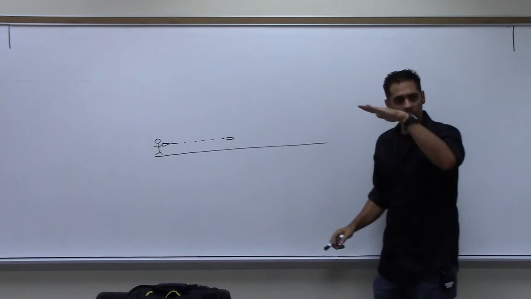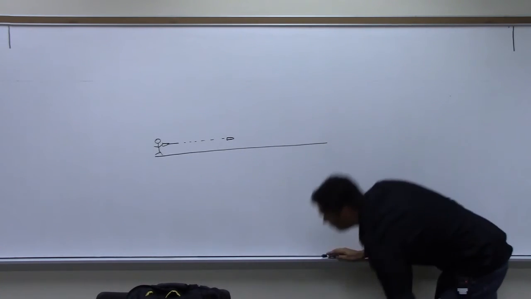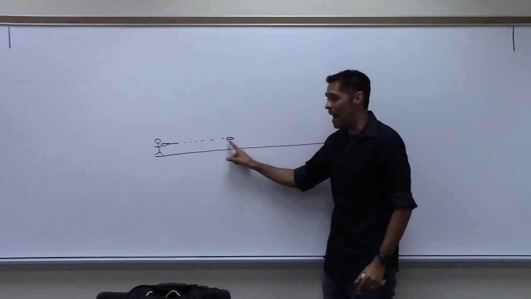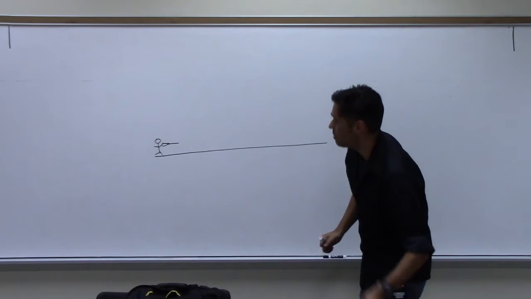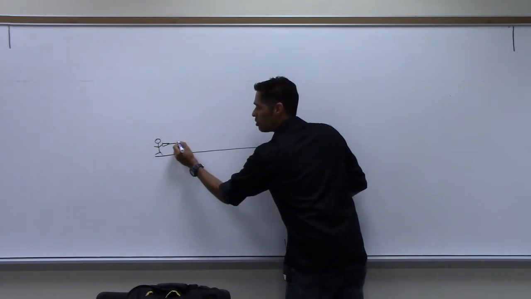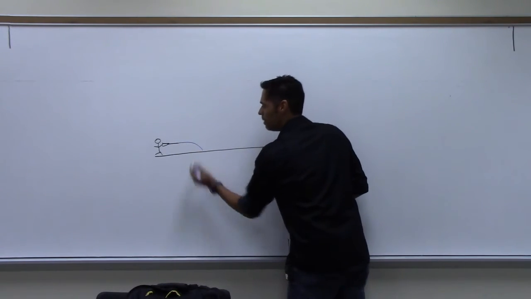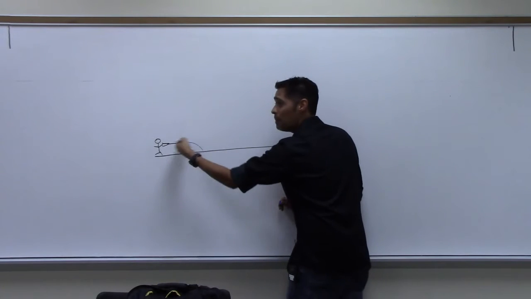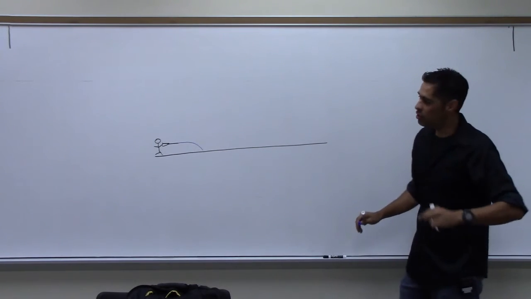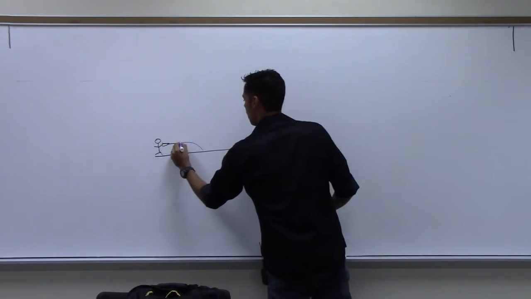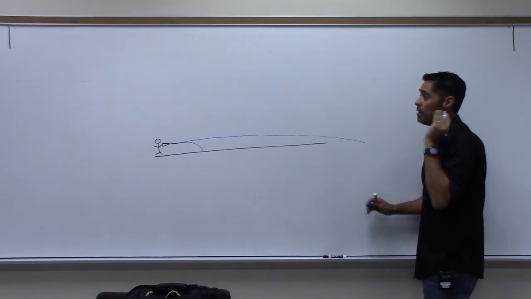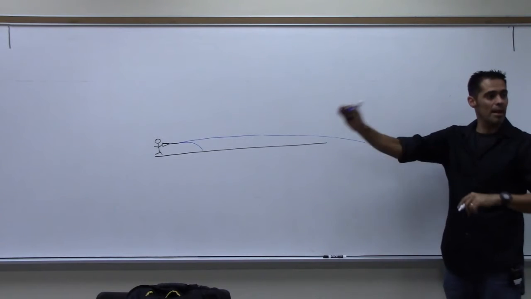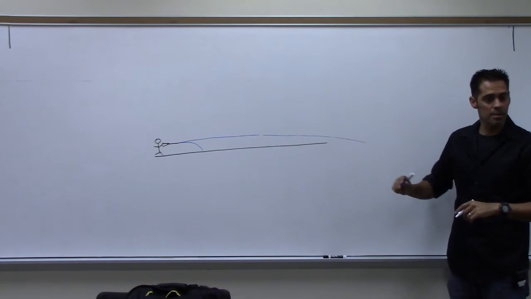The reason why you don't get that drop is because this thing's going so fast that it's traveling as a parabola, okay? Now, if you don't shoot it out very fast, it's just going to go bloop, and it'll just go like that, right? And this is going to be a parabola. But if you shoot it out really fast, then it's still going to drop like a parabola, all right? It's just that it's going to be way down there because it's going out faster, so it takes less time.